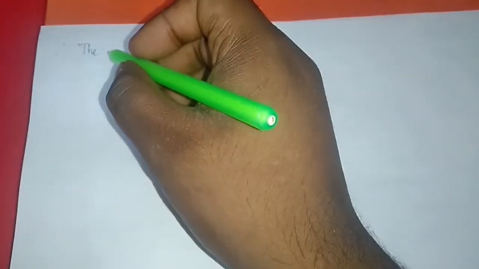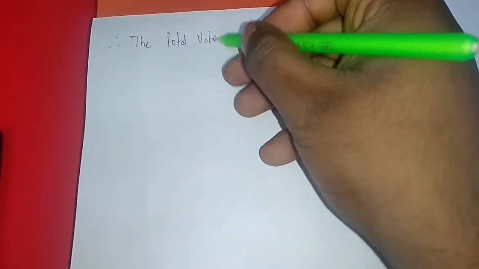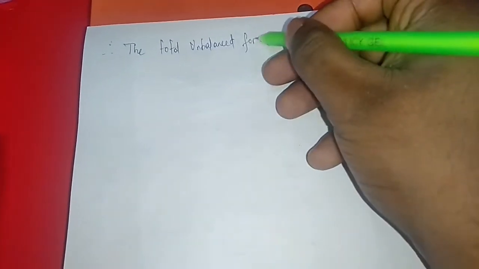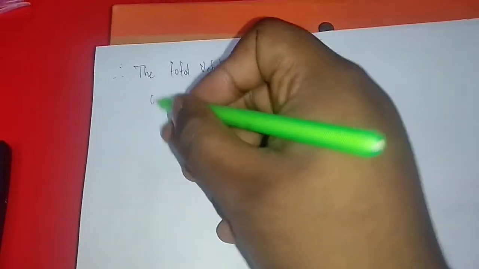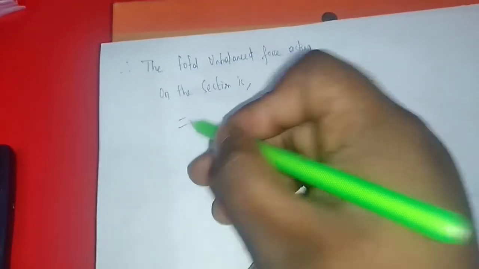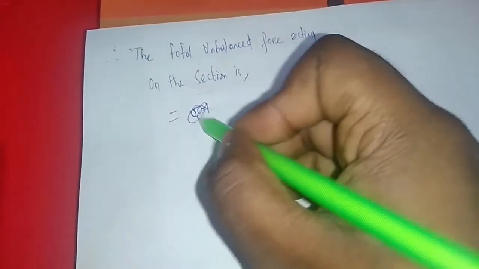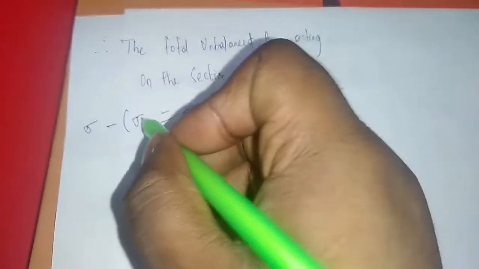Okay, so the total force I will write here. The total unbalanced force acting on the section is nothing but sigma plus d sigma minus sigma.